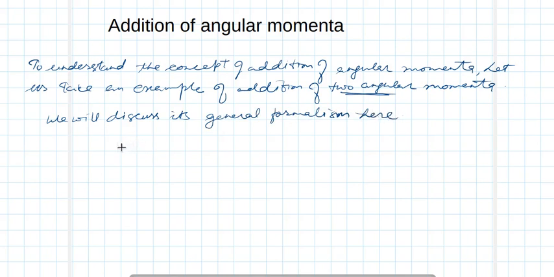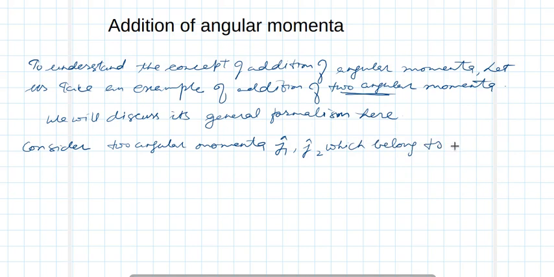So consider two angular momenta J1 and J2 which belong to different subspaces, spaces 1 and 2, let us call.